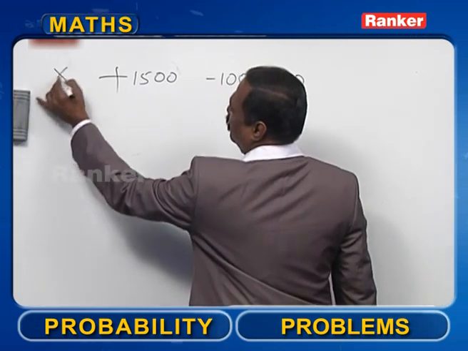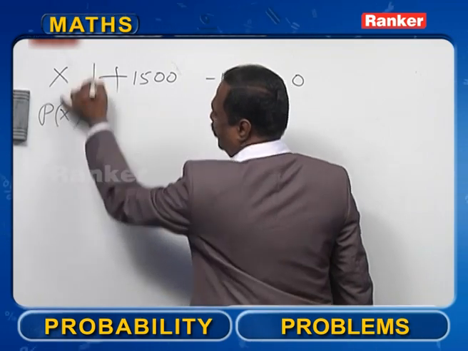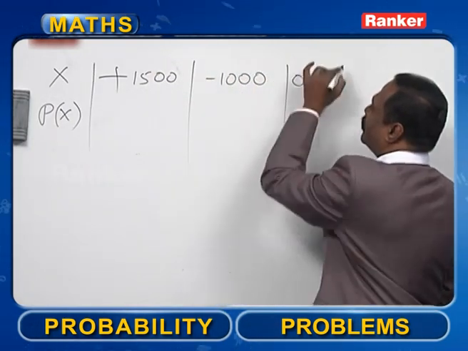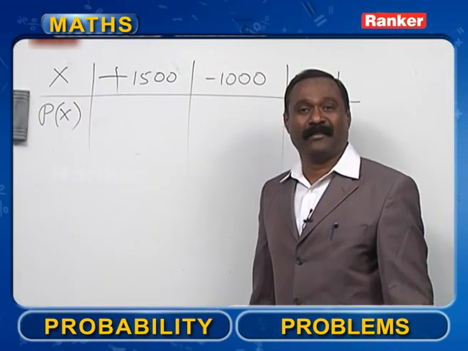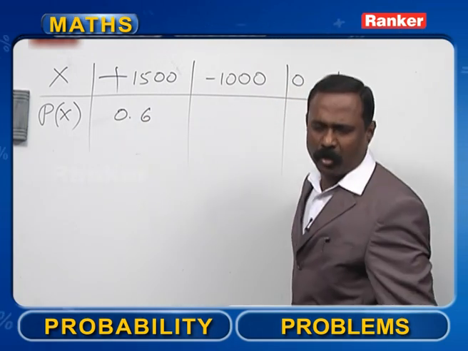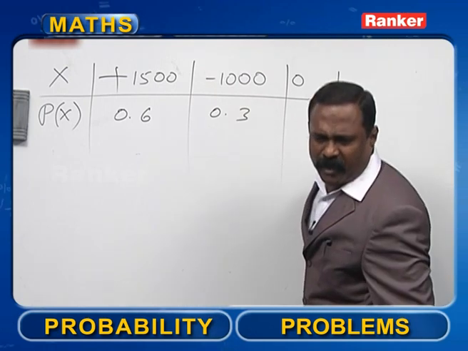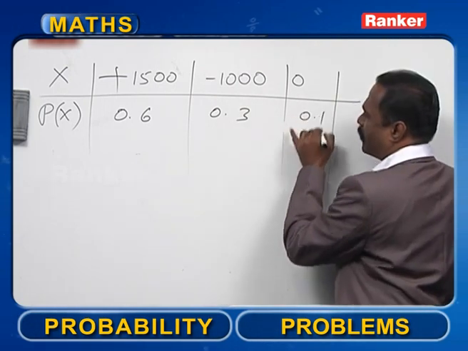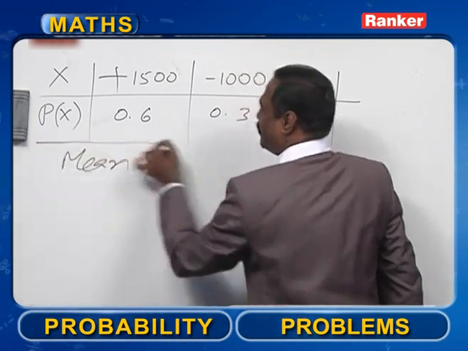This is our random variable here. And what is the probability given in this case? Table prepared beautifully. For 1500, getting profit is 0.6. Getting loss is given to be 0.3. Getting no profit, no loss is 0.1. He needs a mean. Beautifully framed.